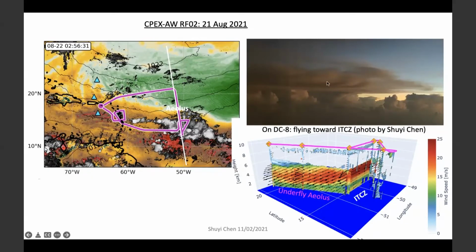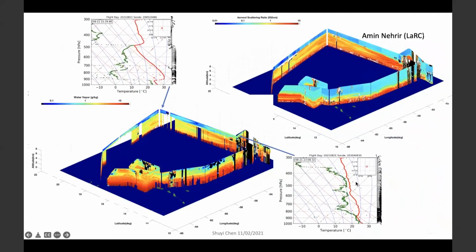And also you have this upper-level anvil decks, and they can actually penetrate pretty far outside. And we did have wind measurements in this particular one, and also HALO measurements. So basically you see the curtain plots through that with the aerosol concentration and the humidity, and lots of science results.